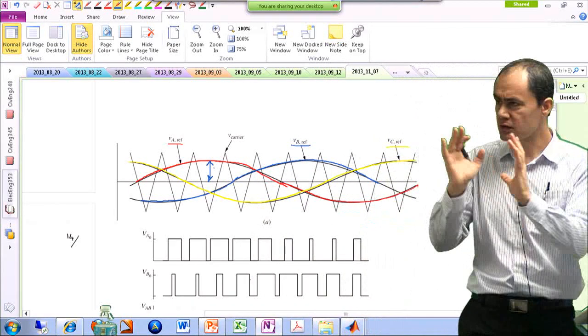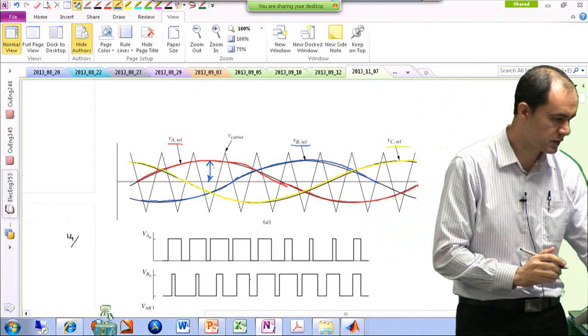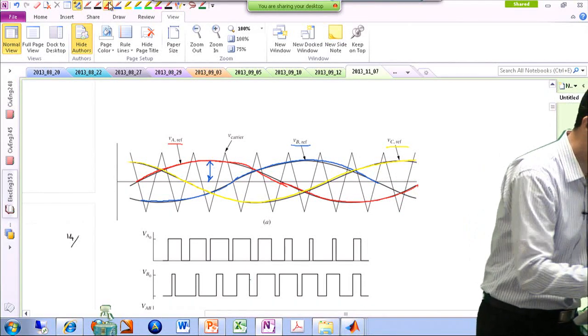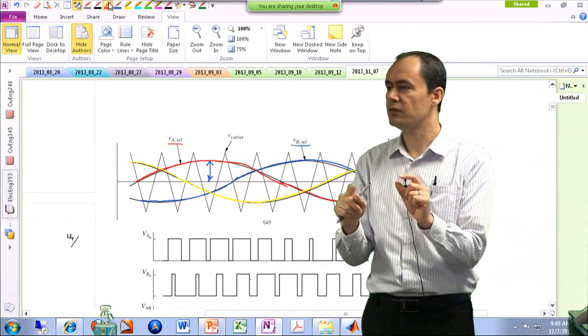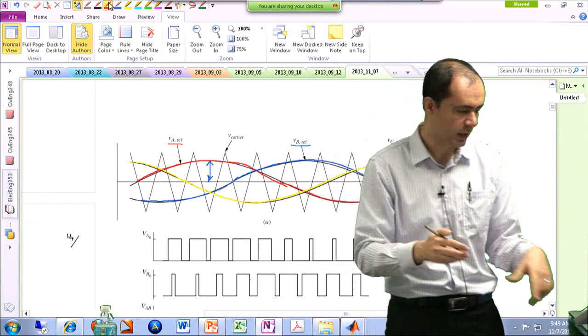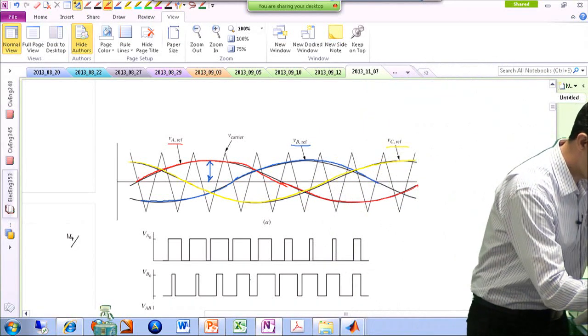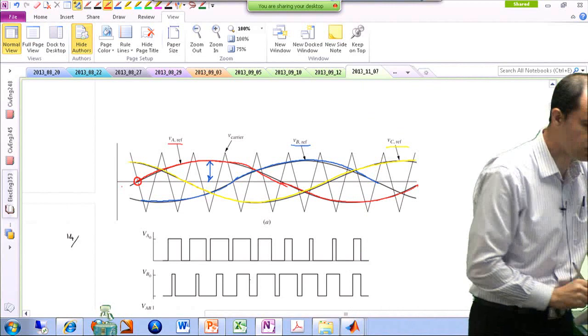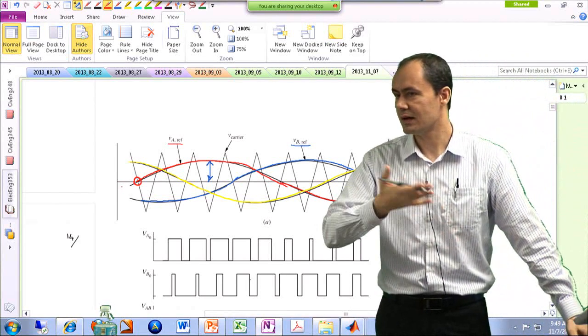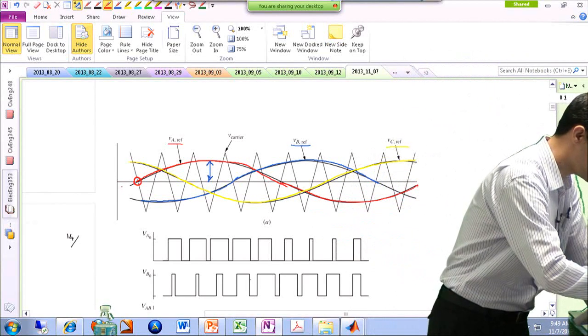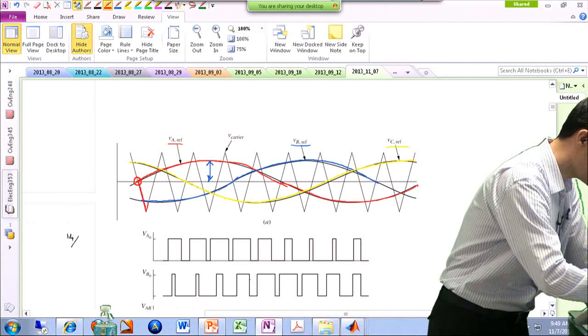Again, because of some symmetry stuff in the system, please remember that when it comes to the phase angle between your reference and your triangular waveform, whenever phase A is crossing 0, going from a negative value to a positive value, your triangular waveform first goes to the negative area, then comes to the positive area.